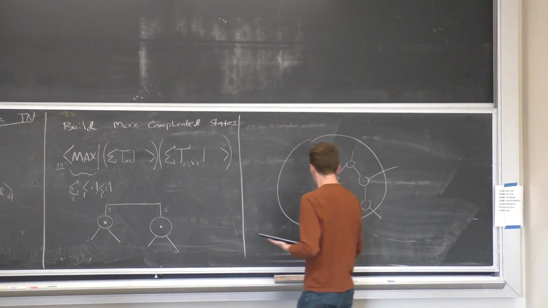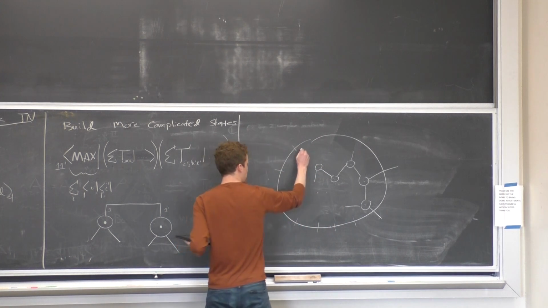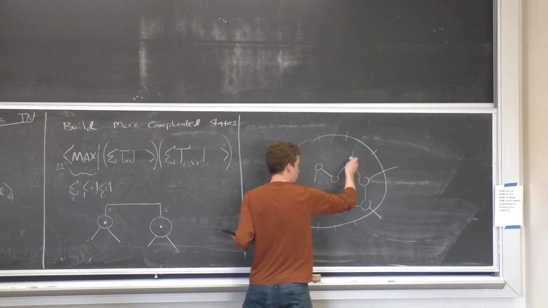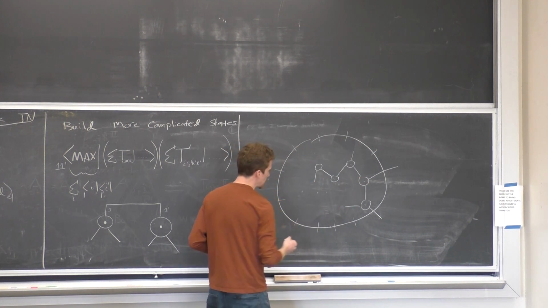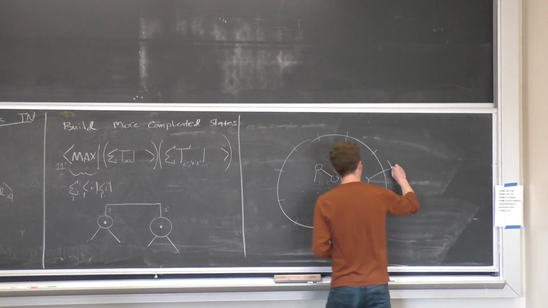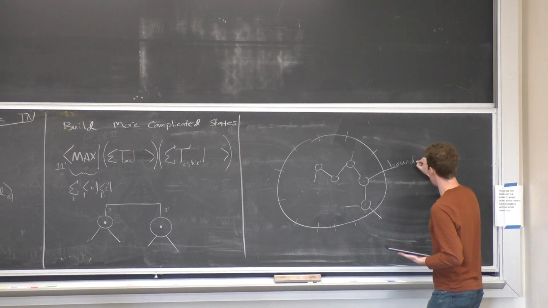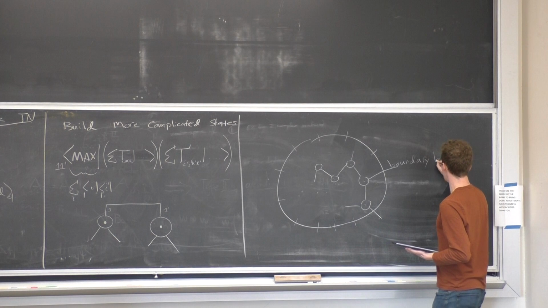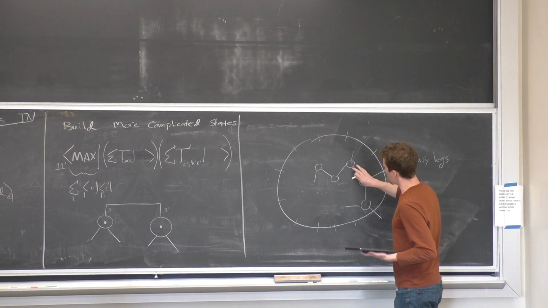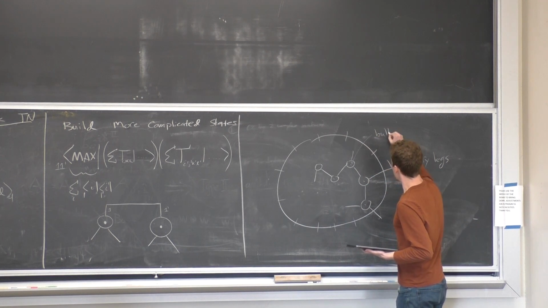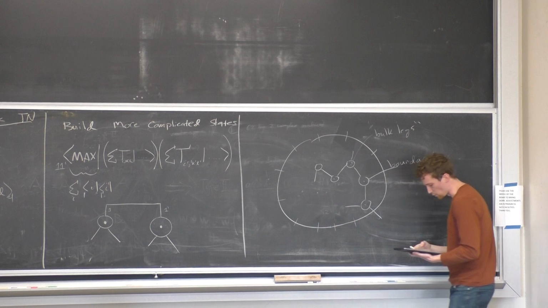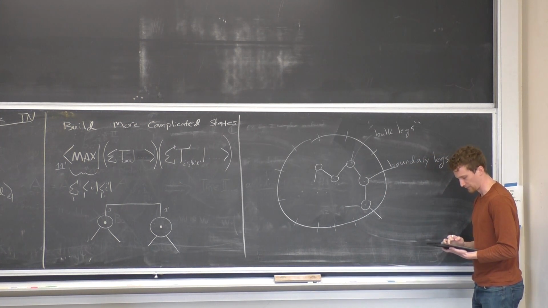Then there's going to be some number of in-plane legs that cross this circle, and they won't be contracted with any other tensor, they'll just be dangling, so to speak. I'll call those boundary legs. And again, as I said before, these guys are bulk legs. That's the lingo. Let me now tell you why that is a good lingo.